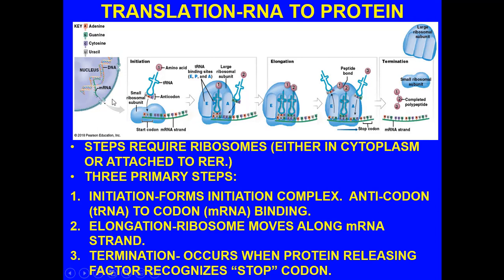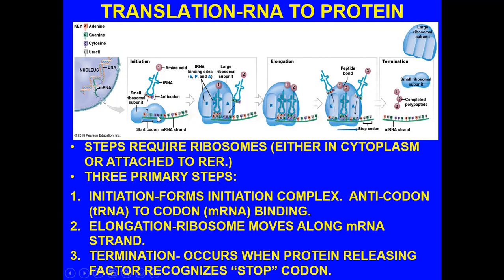So we start off with DNA, we make a messenger RNA strand, we adjust for it, and then we expel it. Now, once it gets out, whether this is in the cytoplasm or attached to the rough endoplasmic reticulum, you have three primary steps by which the messenger RNA comes together with the ribosome. You have initiation, elongation, termination. Initiation is the process which forms the initiation complex. You have the smaller ribosomal subunit. You have the start codon here.